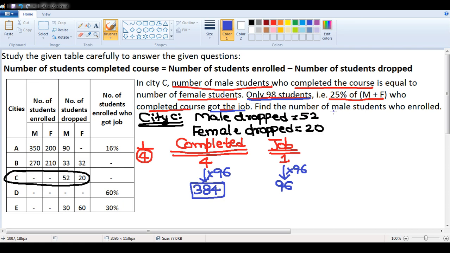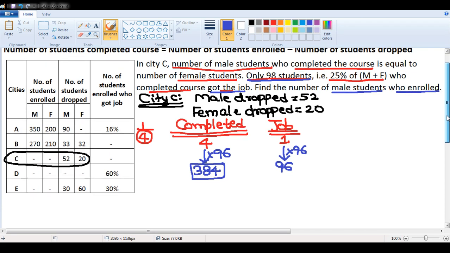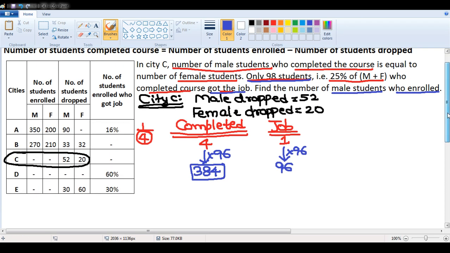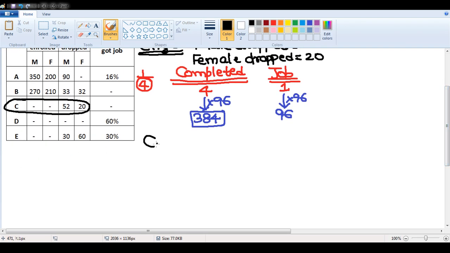Your question is to find the number of male students who enrolled. How many enrolled is the question. Now see here. Again I will make use of the same definition. Before that, it is also given in the statement that the number of male students who completed the course is equal to the number of female students who completed. That means the ratio of male and female for completed course is 1:1.